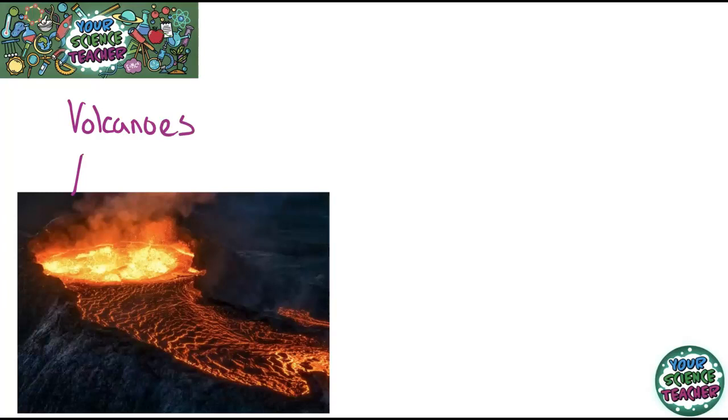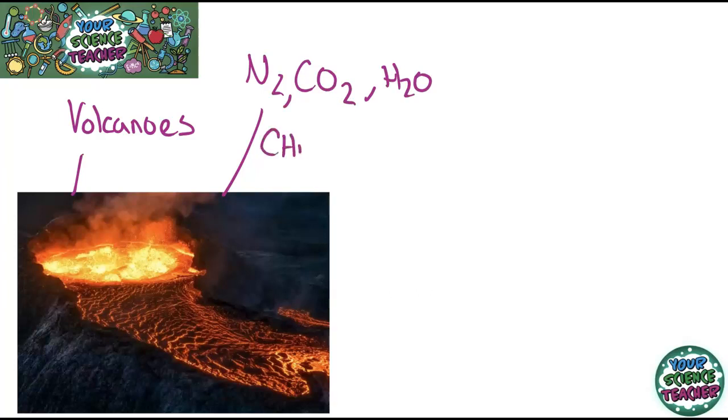The main gases that came out of volcanoes were nitrogen, carbon dioxide, and water vapor, and then we had trace amounts, small amounts of methane and ammonia too. All of these went out into the atmosphere, and this was the composition of the atmosphere going back to around 3 billion years ago.